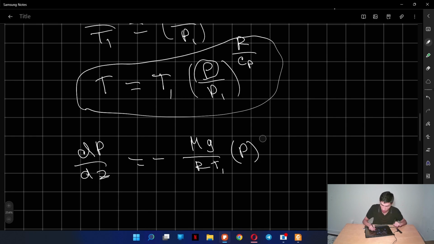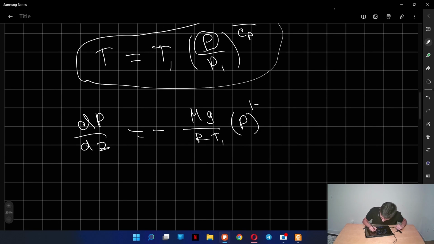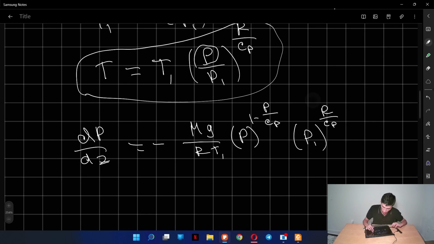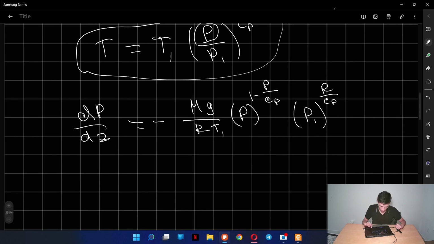No, it's going to become 1 minus because we're dividing by P. R over Cp, and for our P initial, it's just going to be the R over Cp. Yep, they should be fine. Yeah, this is correct now. Okay, and what's next?